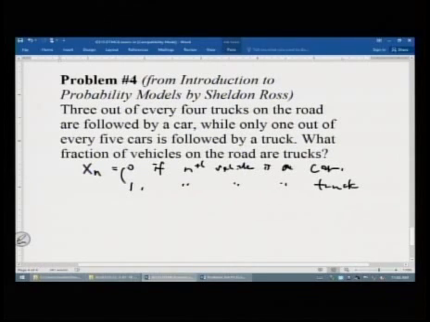Then again we can build up a two-state Markov chain model, right?